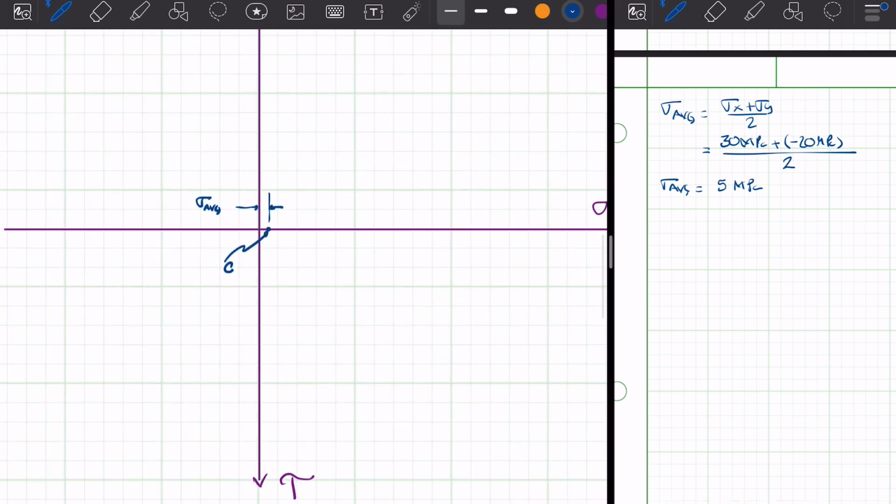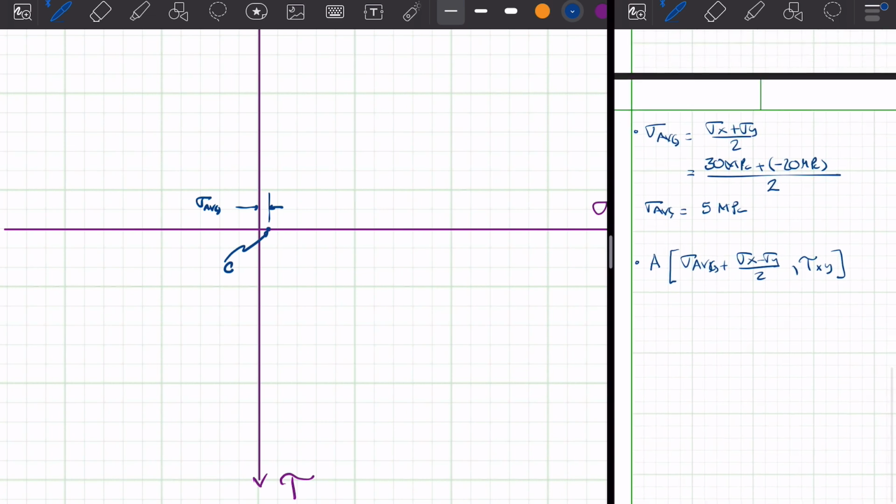Then my next step is to identify the location of point A, or the initial state. That is given by the location of sigma average plus sigma x minus sigma y divided by 2, and the coordinate tau xy. That would be the location of the initial state on the Mohr's circle diagram.